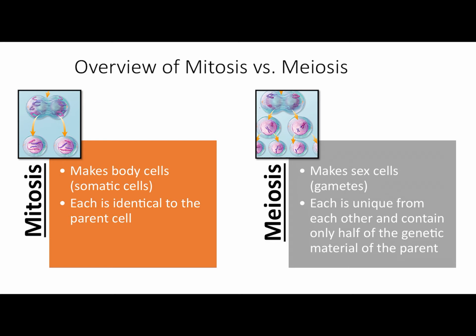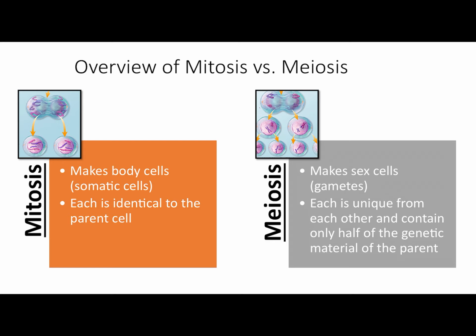In the case of meiosis, it is going to be what is responsible for making our sex cells, so the gametes. It's going to be really important just in terms of creating genetic diversity, because each daughter cell that is made at the end of meiosis is completely different than any of the other 3 that are made, as well as different from the one that you started with, or the parent cell.